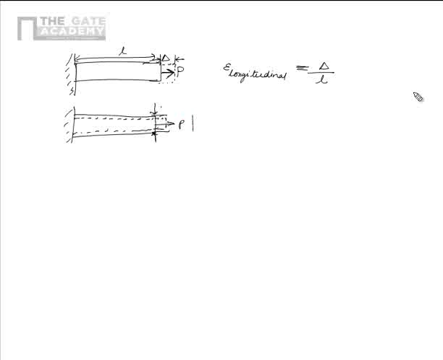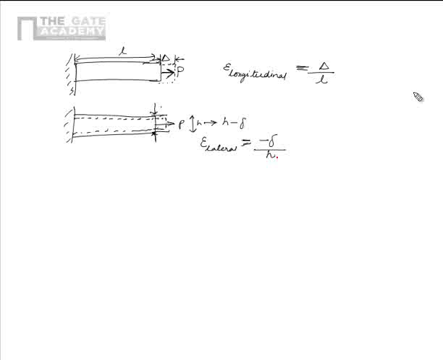So if the height was originally h, it becomes less than h. It becomes something like h minus delta. So this is called lateral strain. Now the lateral strain is nothing but the change in its length, which is minus delta, divided by original length, which is h. That is the lateral strain.